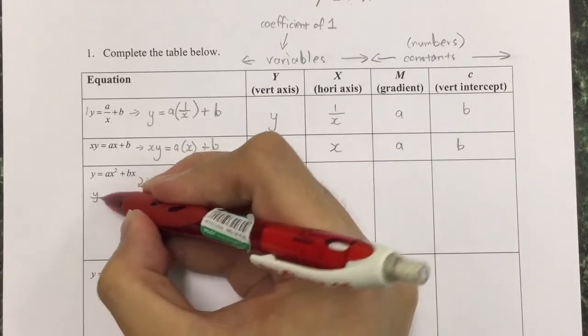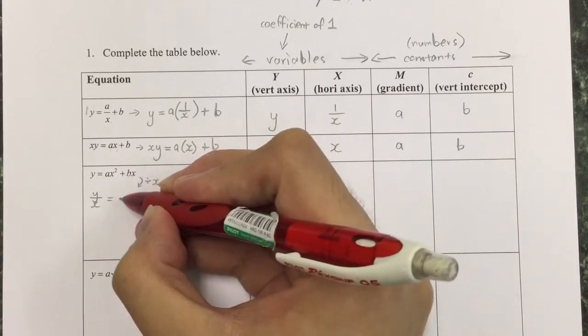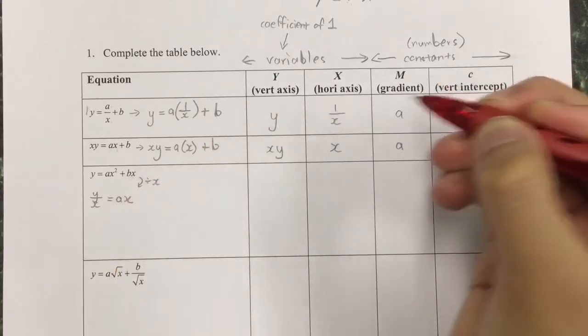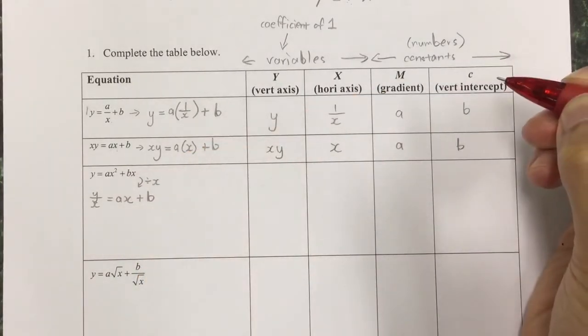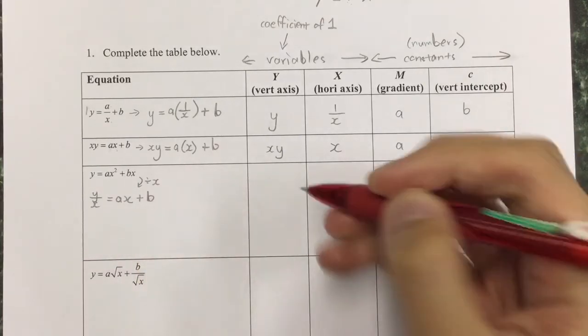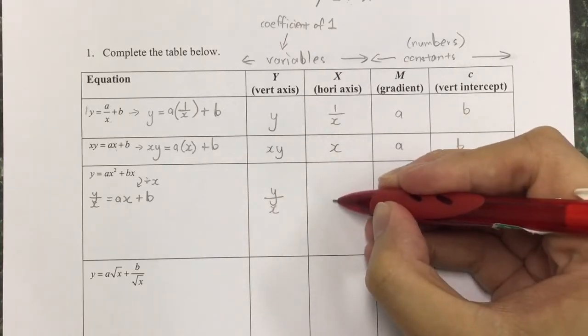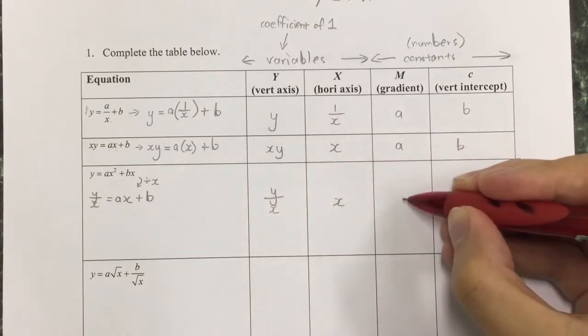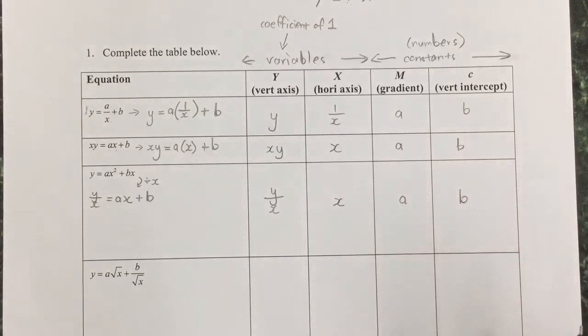So I'm going to get y over x here. Ax squared divided by x will just simplify to ax, and bx divided by x will give me b. So there you have it, y equals to mx plus c. So the vertical axis is y over x, the horizontal axis is x, and a and b are the gradient and y-intercept.